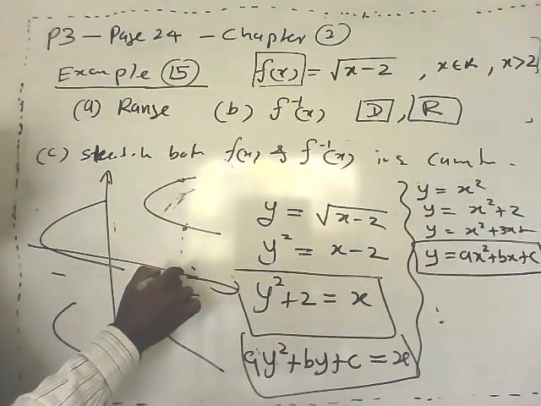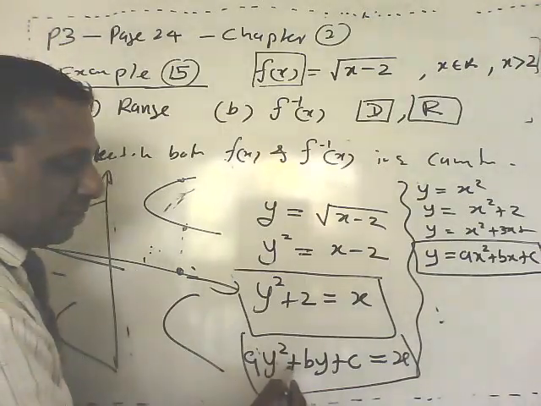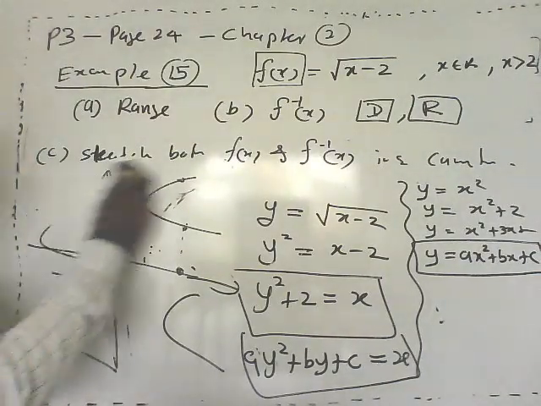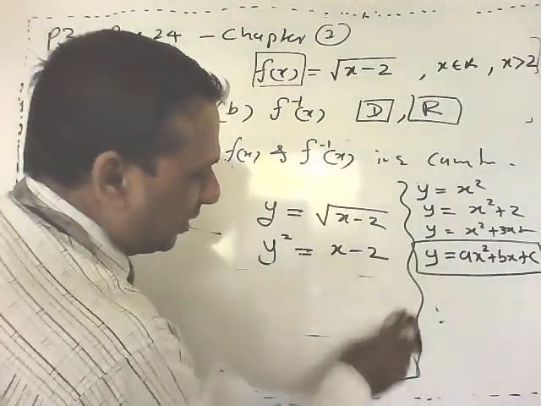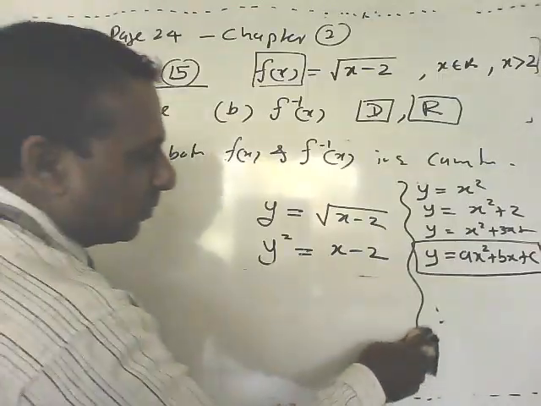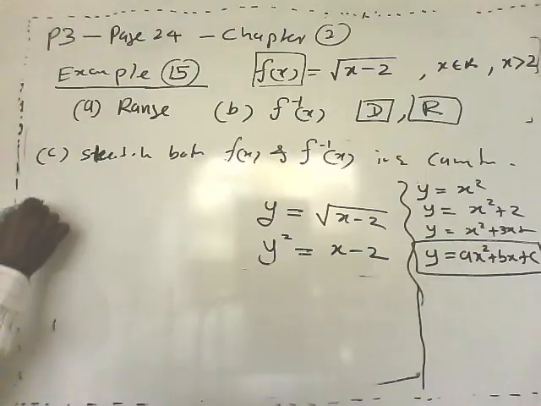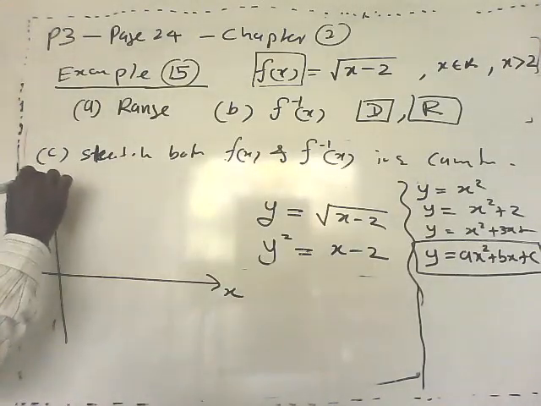So what would happen is it's going to be a mapping. This pattern, ay squared plus by plus c, we are not going to call as a function. It is a mapping. Now actually what has happened here, now we get an equation, y squared plus 2. First we will plot the y squared plus 2 mapping. How we are going to do that is, we will have the Cartesian plane. This is x, this is y.